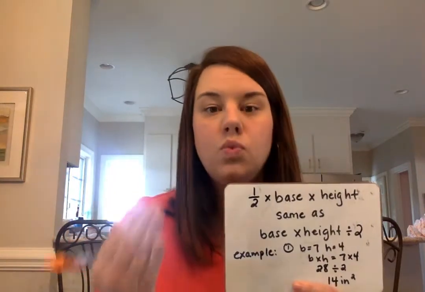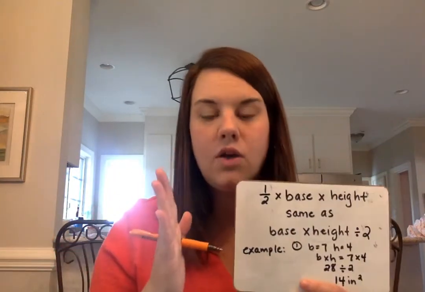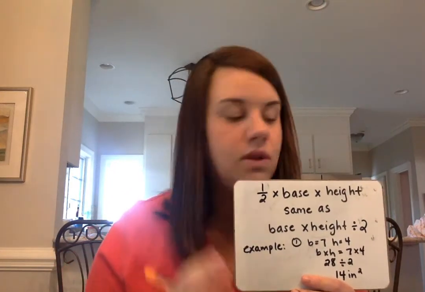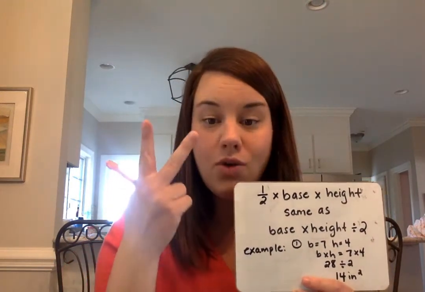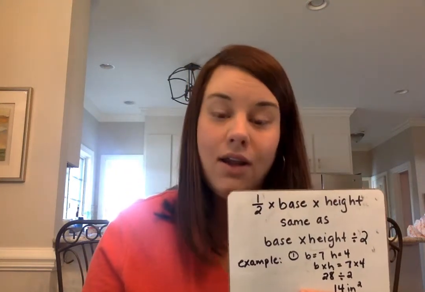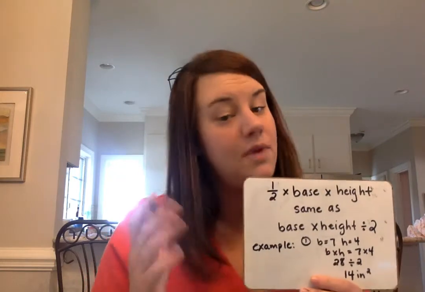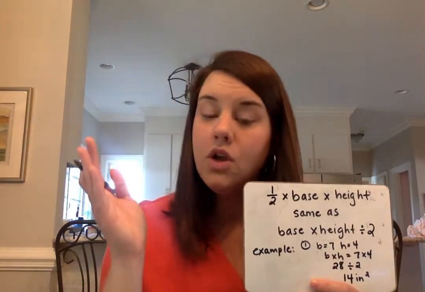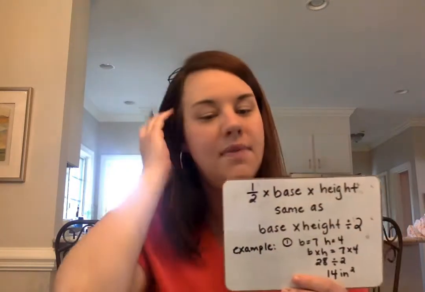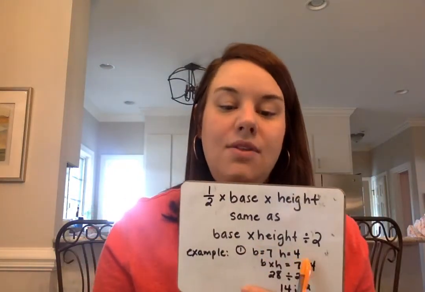Those words really tell us what part of the triangle we're talking about. The base is the bottom, and the height is that vertical line. You just have to use those two numbers, the base and the height, to find the area of a triangle, okay? And remember, a triangle is half of a quadrilateral, so once we get the answer of base times height, we're going to cut it in half. So base times height and then divide by 2.